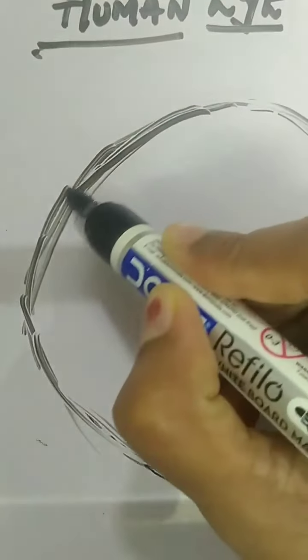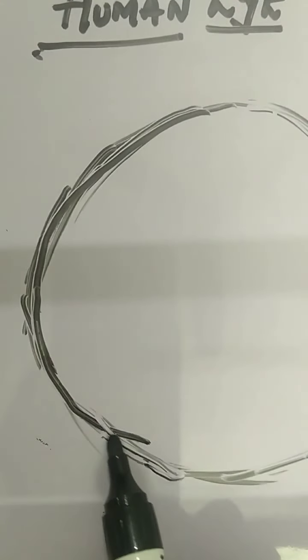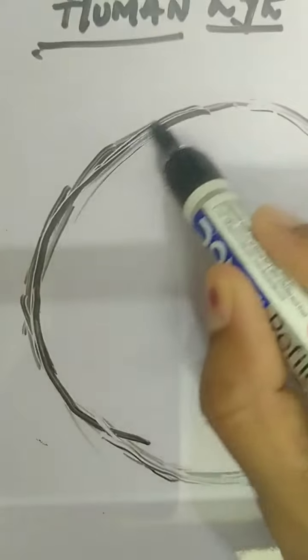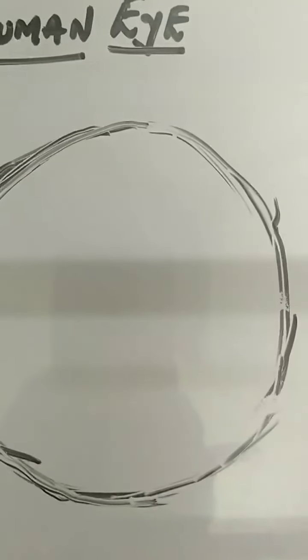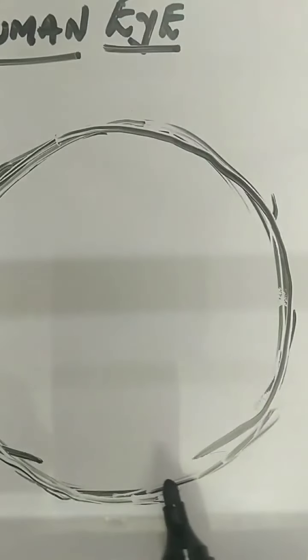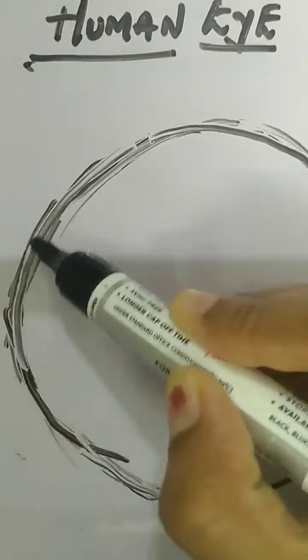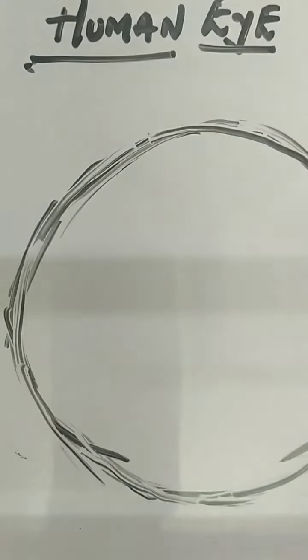The back side, that is the behind side of the eye, keep it perfectly circular, and the front side you give it a bulge. Yeah, so this much bulge is enough.